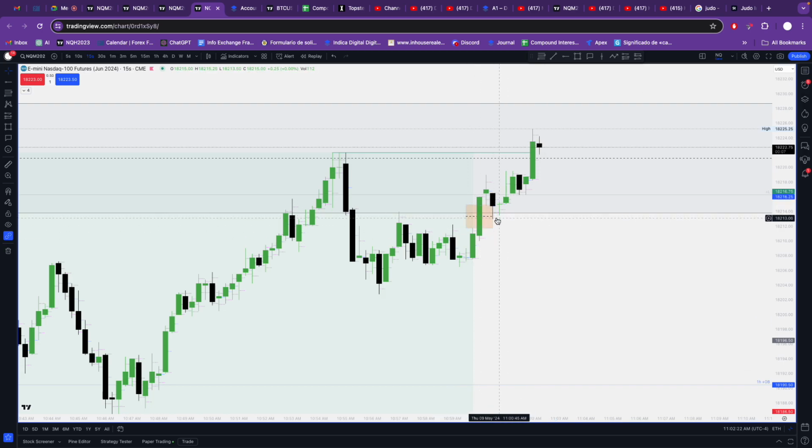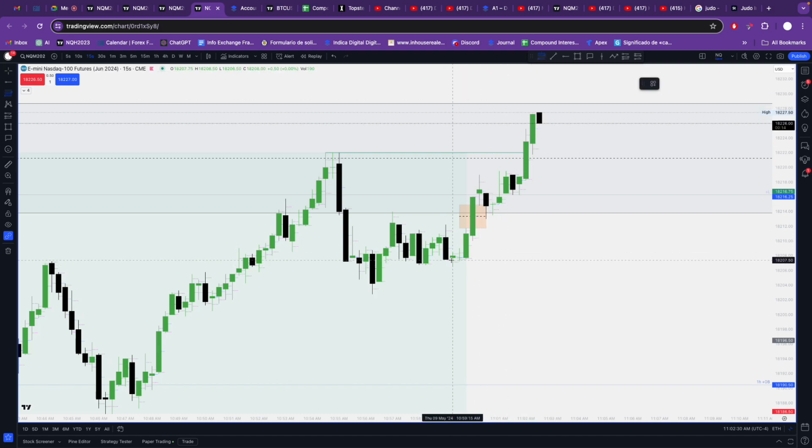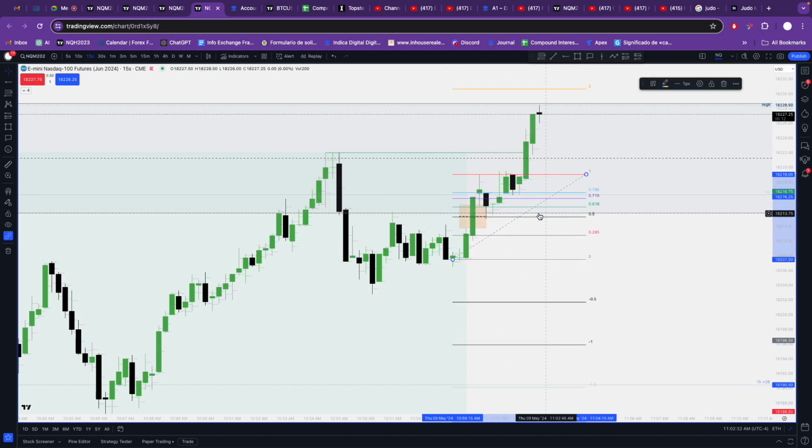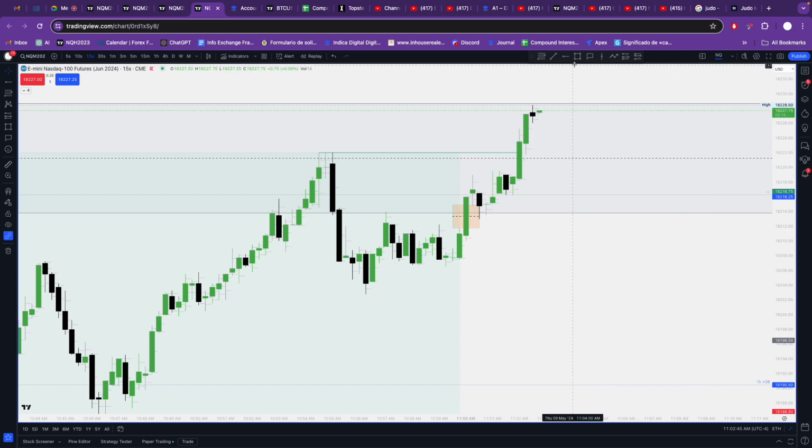But we come down, equilibrium, and now we go back up. So that means the bulls are in charge. Okay. And since bulls are in charge, here we go, equilibrium of this price leg right here. This is why we always measure our price legs, our knowns and our unknowns. Here's our knowns. Equilibrium, fair value gap, boom, supports. Now we're moving up. See how that works?